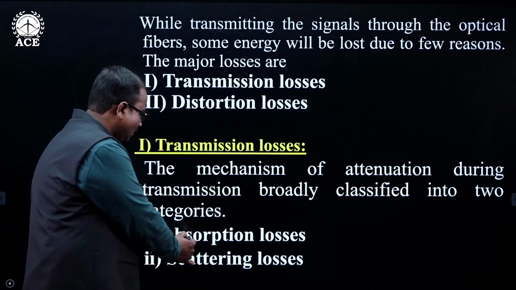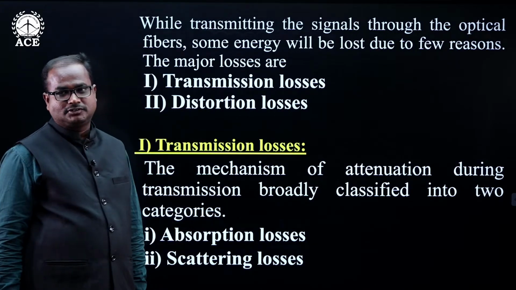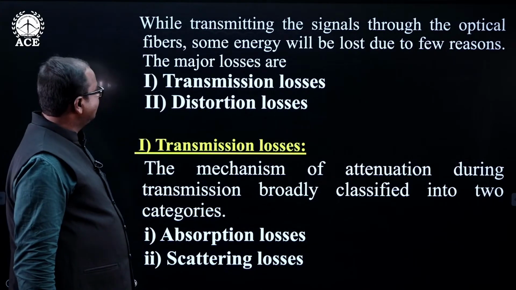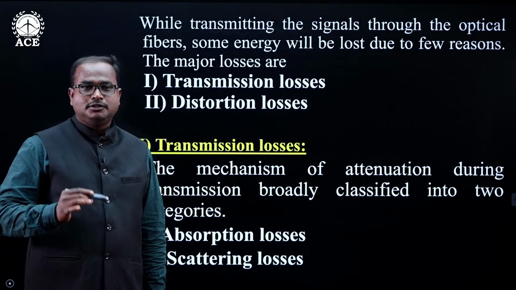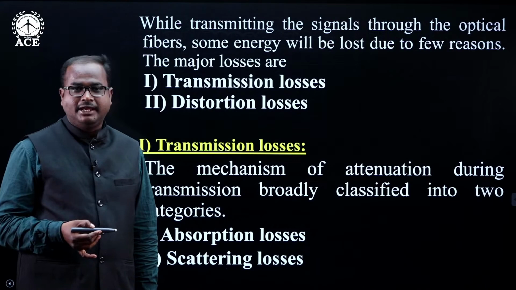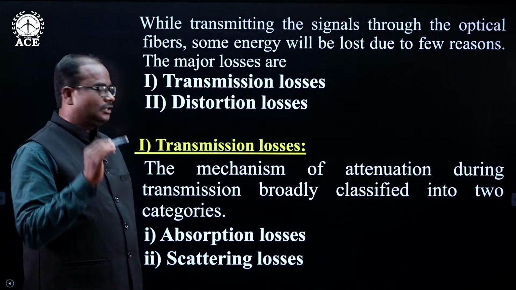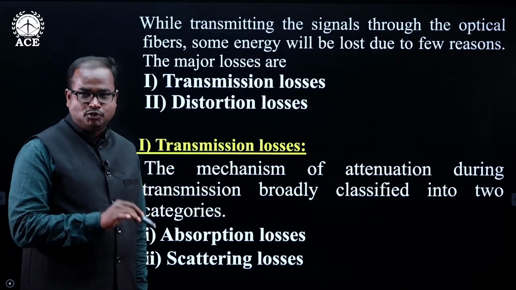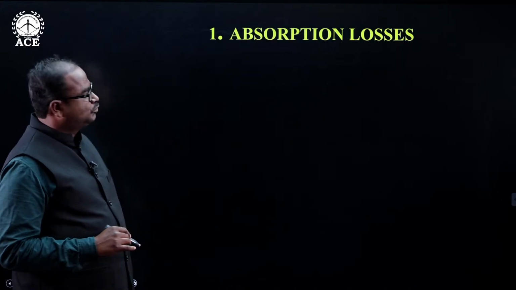So whenever the signal is transmitted through the optical fiber, you may have any loss, whether it is transmission loss or distortion loss. Again, this transmission loss is divided into two: absorption loss and scattering loss. First one is absorption losses.